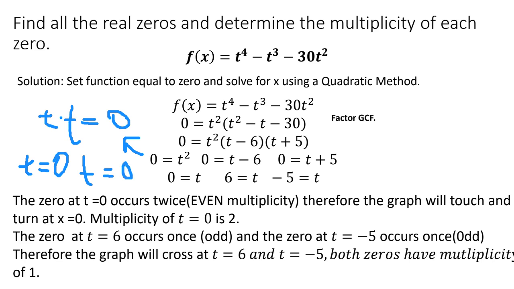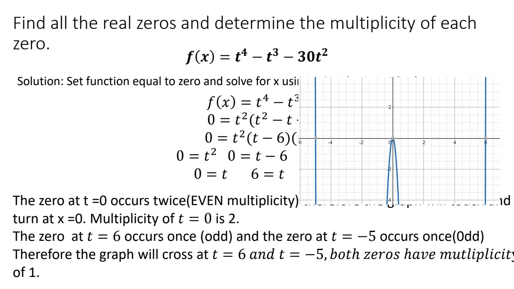Okay, since the 0 appears twice, which is an even multiplicity, then it's going to touch and turn at x equals 0. At t equals 6, it occurs once, which is an odd occurrence. So that's going to cross the x-axis, and the same for negative 5. So the multiplicity of 6 and negative 5 is 1.